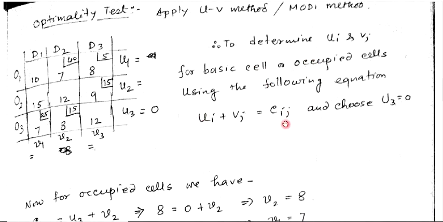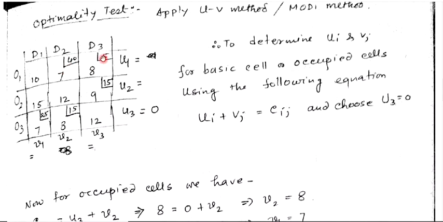But before we start, since both values are unknown, first we have to choose one u value equal to 0. Normally we choose according to row. The condition is that the row with the maximum number of allocations should have its u value taken as 0.